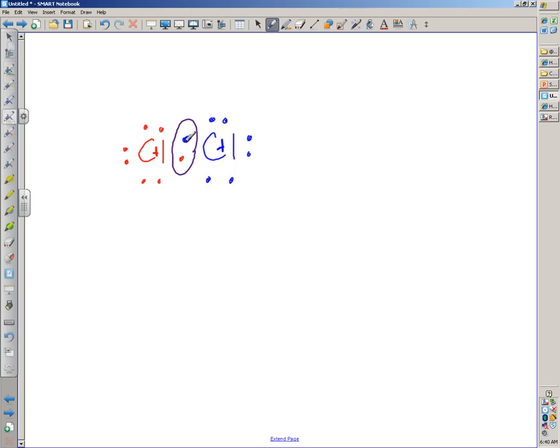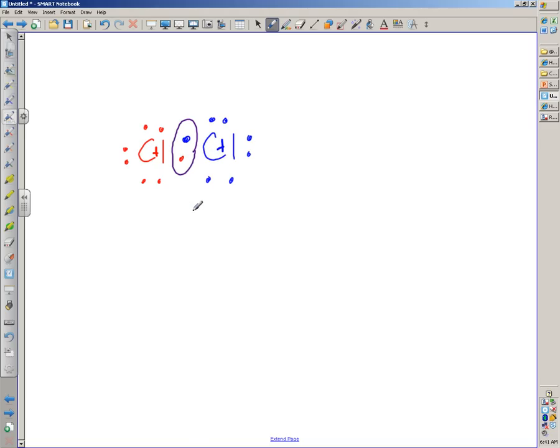That blue electron belongs to this chlorine atom. The positive nucleus inside the blue chlorine atom is attracted to this red electron that belongs to the red chlorine atom. So now we have the positive part of the red chlorine attracted to the negative part of a blue chlorine. And the positive part of the blue chlorine attracted to the negative part of a red chlorine.